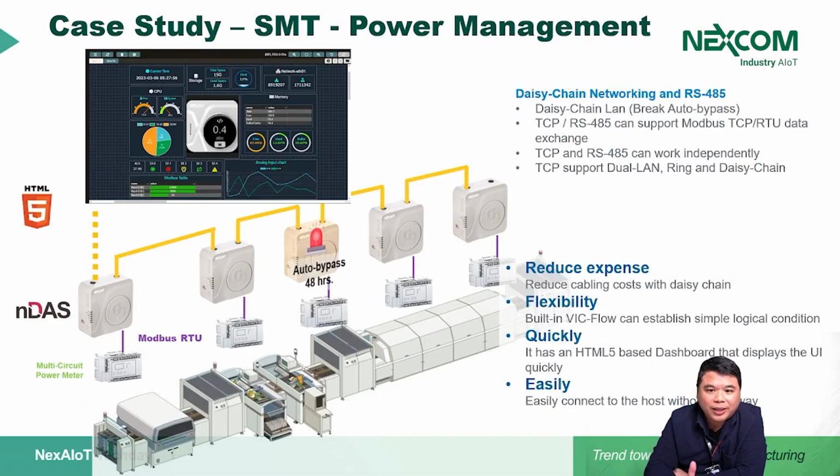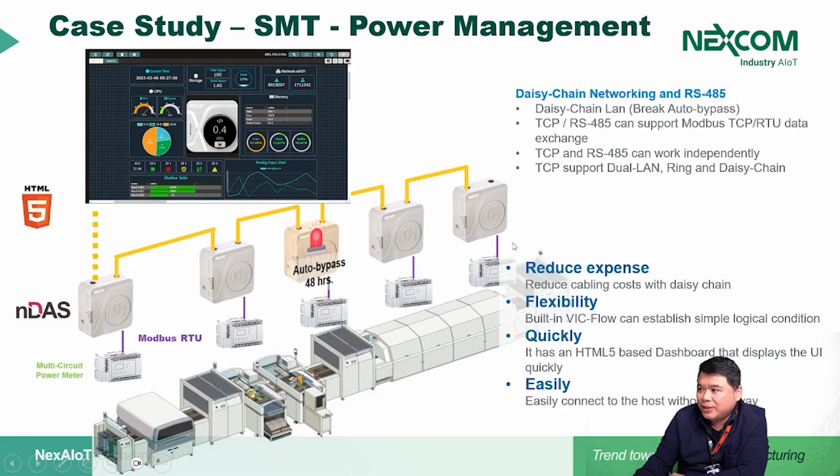This one is the case study. You can see this user wants to review carbon proofing. We know collecting the power consumption is very easy. So in this project the user uses a power meter via 485, and that's standard 485, so you can easily collect the power meter data.